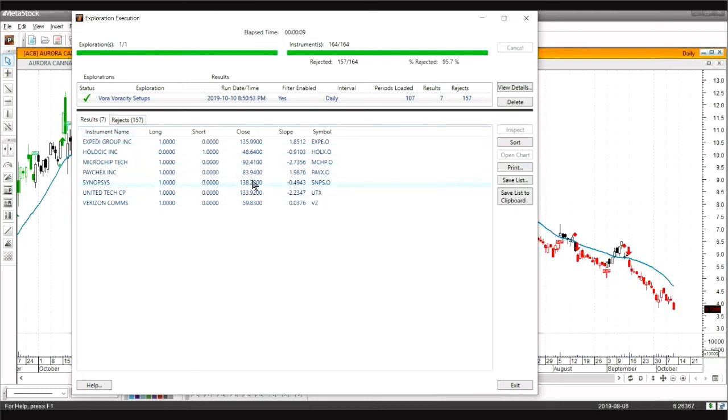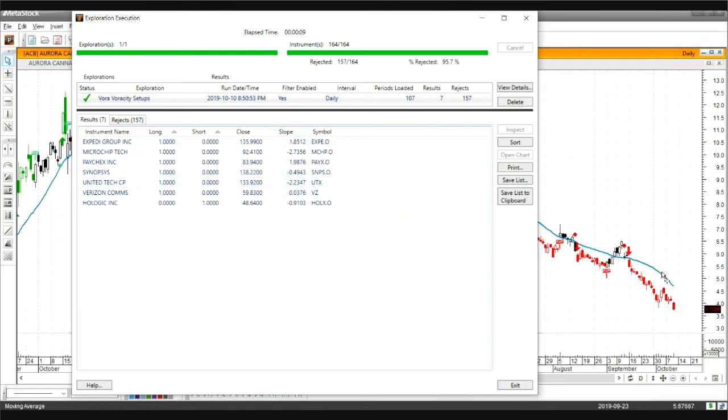Now, when you have this, you have these columns that you can sort by. Long setups, short setups. When there's the number 1 in that column, it means it's that setup. It's long. If it's a 0, it's not. You notice how this one has 1 on the short side. So in other words, we had 6 longs, 1 short setup here. You can sort by price, or, and here's the great part of this, the slope. This is the slope on the 20-period moving average.